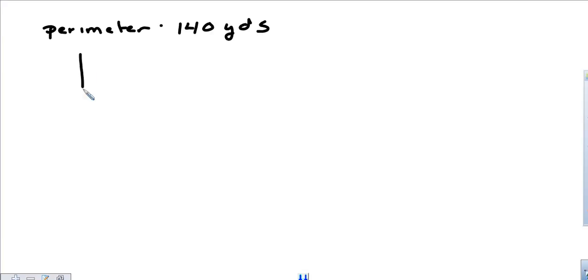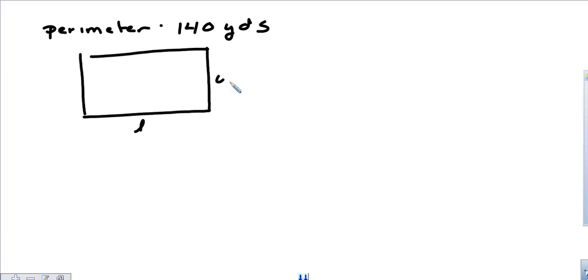Here's my problem. I have a rectangle, and this rectangle has a perimeter of 140 yards. Now, I don't know how long each side is yet, but I know that my entire rectangle, which is length in one direction and width in the other direction, has a perimeter of 140 yards.